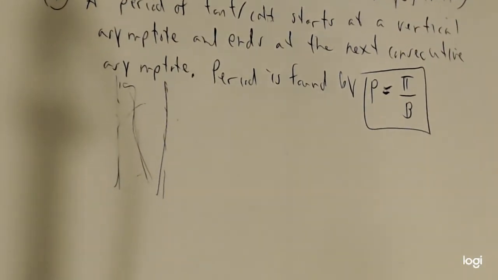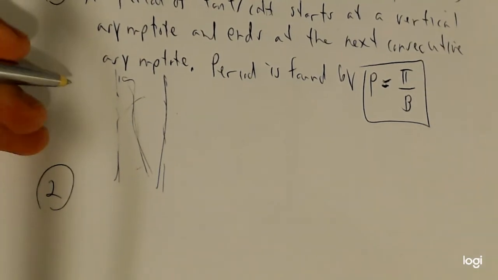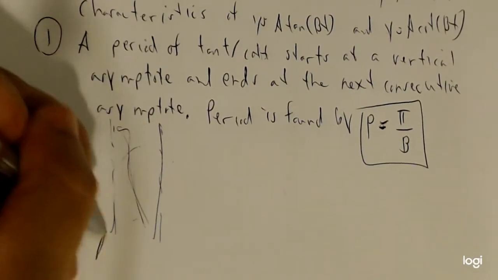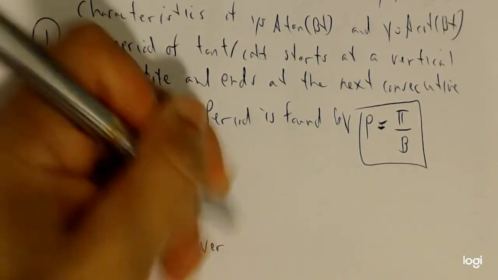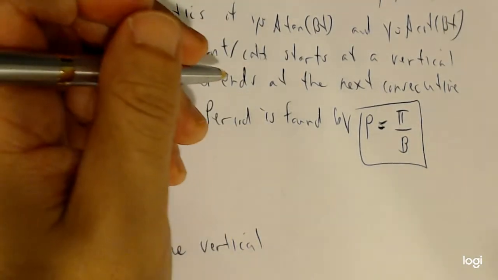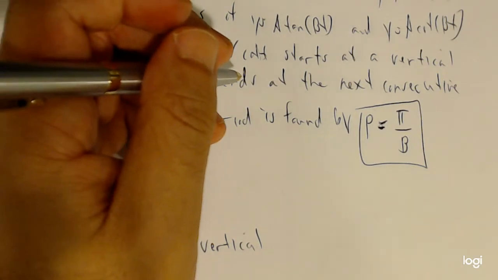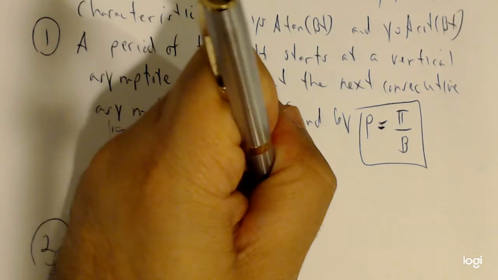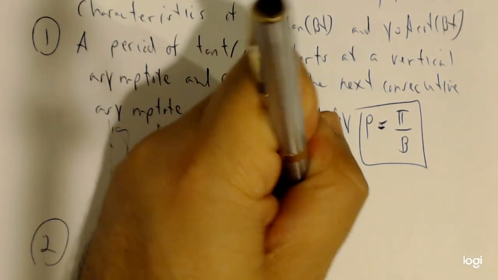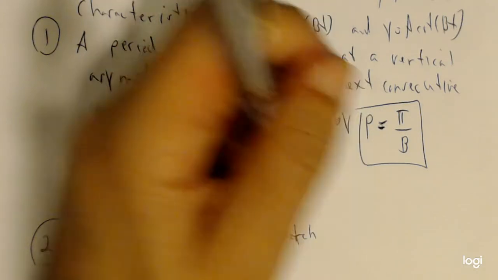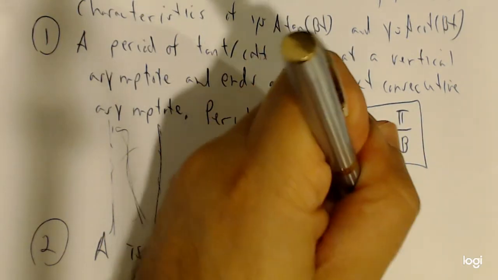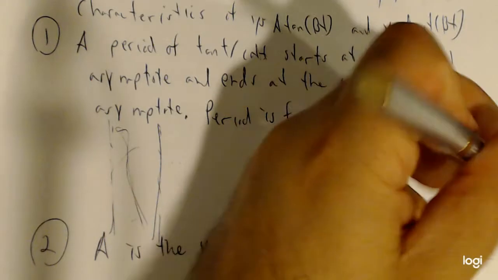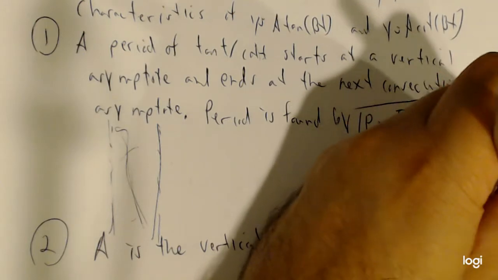Okay, so just to talk about this again, this letter A is the vertical stretch or compression of tangent of t, cotangent of t, okay?